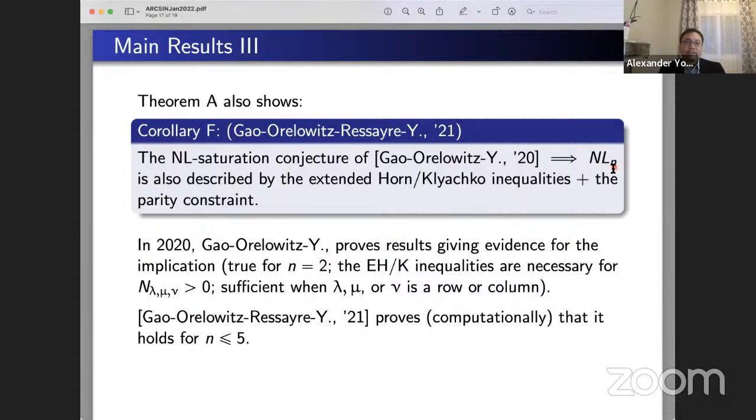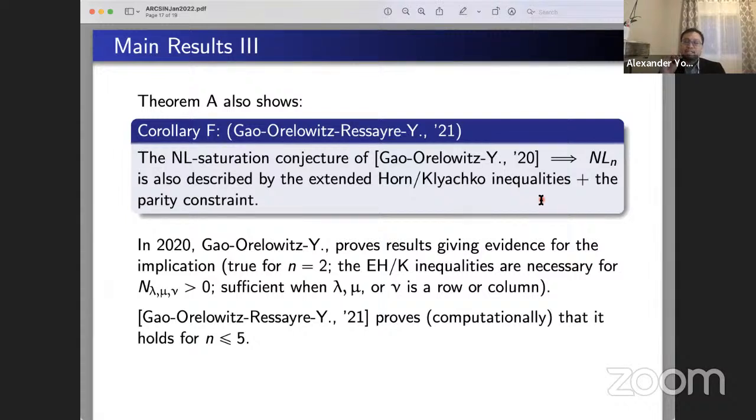We do have some evidence for at least this implication, this statement here. In our first paper on the subject, we checked it for n equals 2 with some pretty hard effort, actually. And we also proved it in some other additional cases. What Theorem A lets us do in our last paper is that we can actually prove that this assertion, that NL is governed by those inequalities, is true for all n less than or equal to 5.